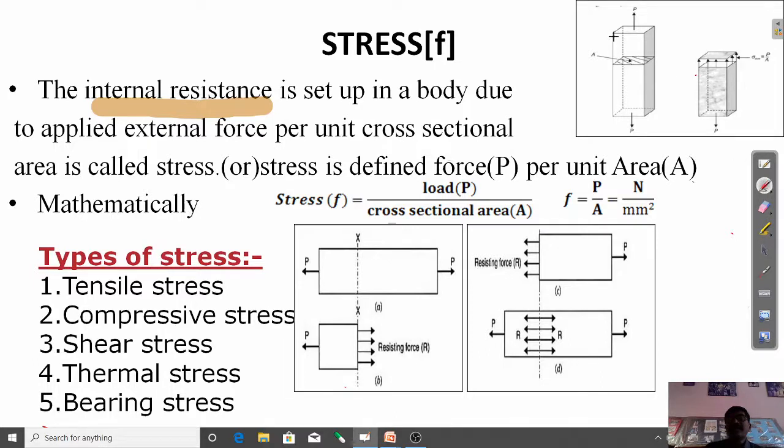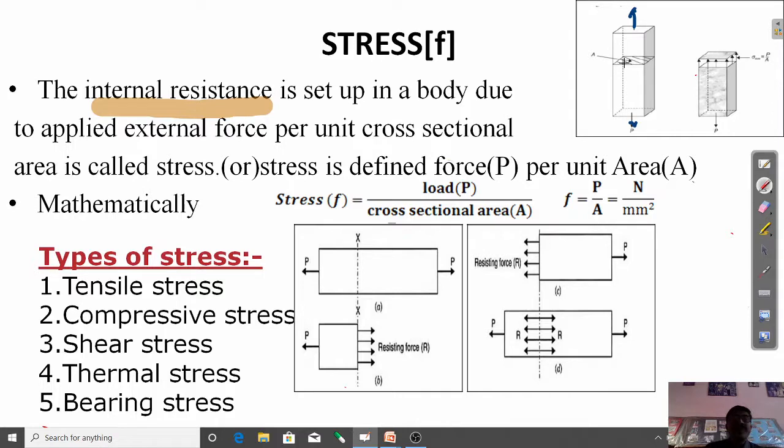Let us consider a square bar and apply tensile loads P. Due to this, what happens? The body expands to a certain limit. Afterwards, it stops. Why it stops?